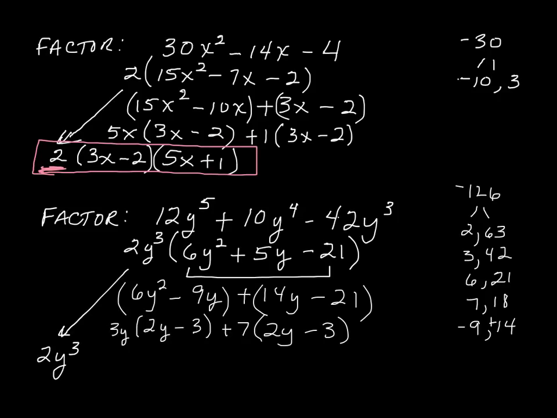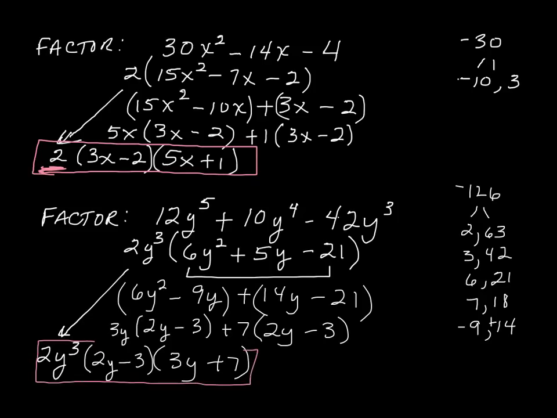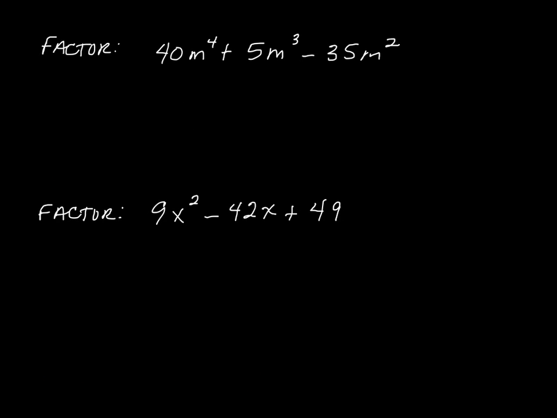So down to my bottom term here, I have 2y cubed times 2y minus 3 times 3y plus 7. This is the factored form. So here you have 3 factors. Okay? Sometimes the hardest thing is finding the 2 numbers that you're looking for. But just take your time.